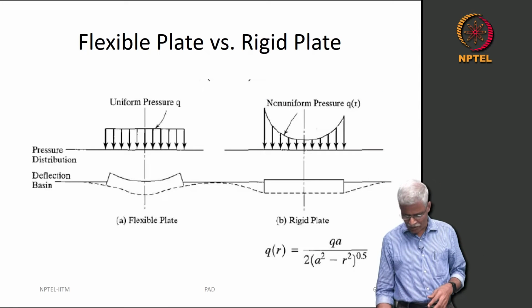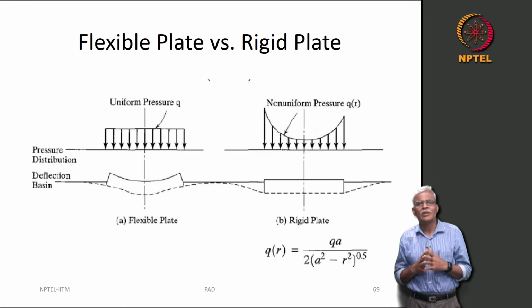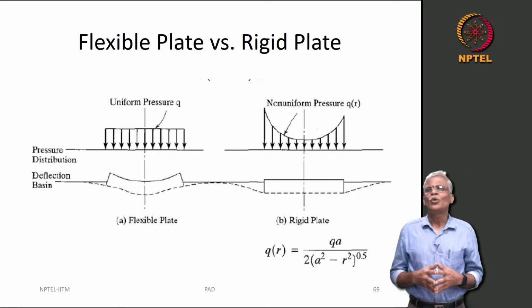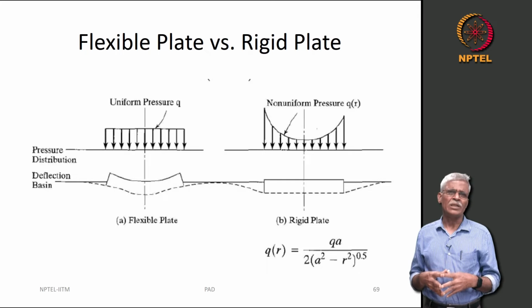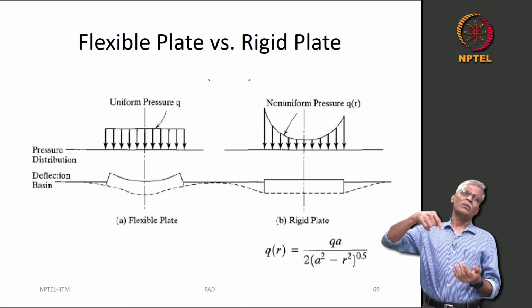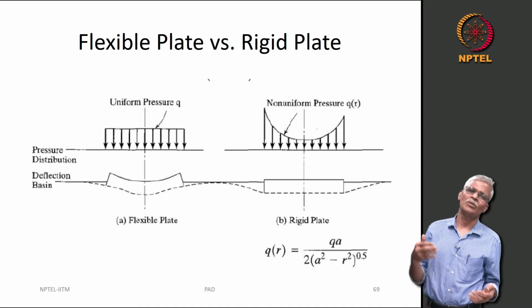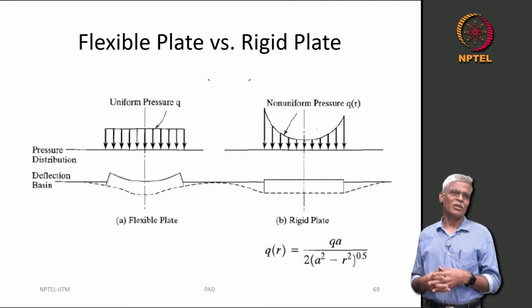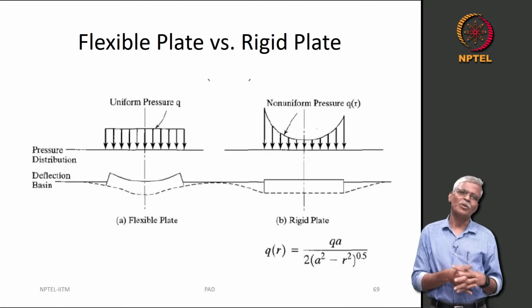Now, this is where I want to talk to you a little bit about the difference between the flexible plate and the rigid plate. If you really want to think in terms of tire contact, you can assume that the actual load transferred from the tire to the pavement can be visualized as a flexible plate, which in a sense gives rise to your flexible pavement.